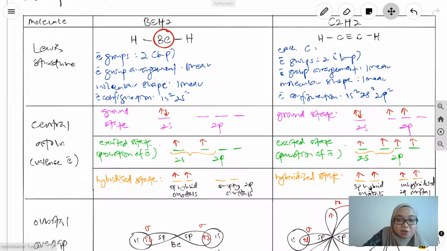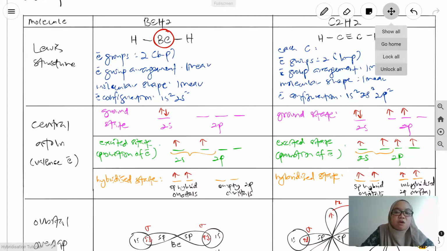So these 2 unpaired electrons will then mix together. One 2s orbital and one 2p orbital of the beryllium atom will mix together to form the sp hybrid orbitals. So at the hybridized state, there are 2 sp hybrid orbitals and 2 empty 2p orbitals.